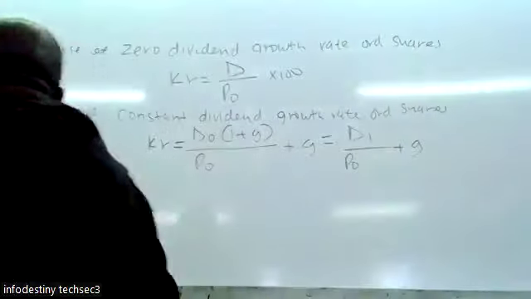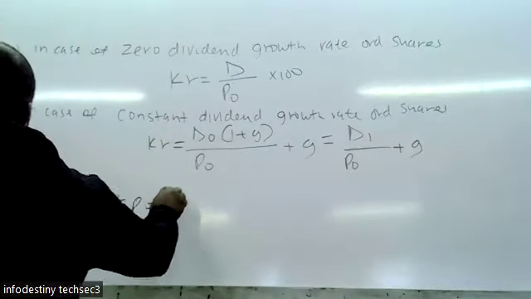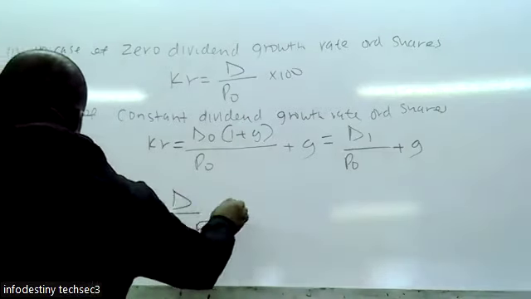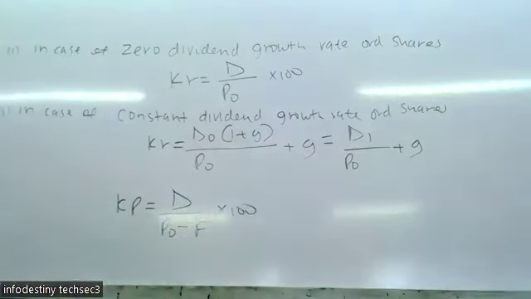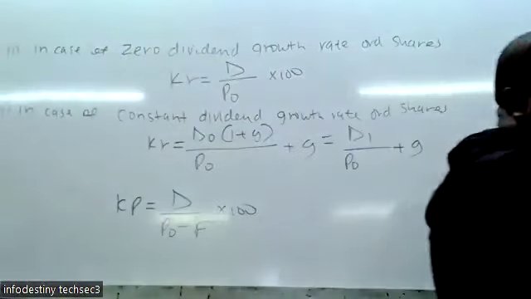So the cost of the preference share will be KB. It will be D divided by PO, minus F, then you express it as a percentage.